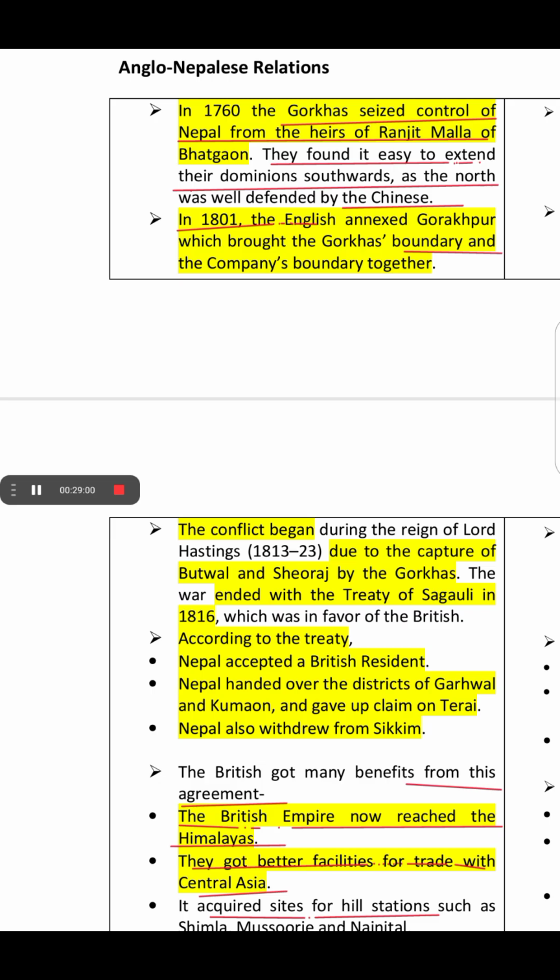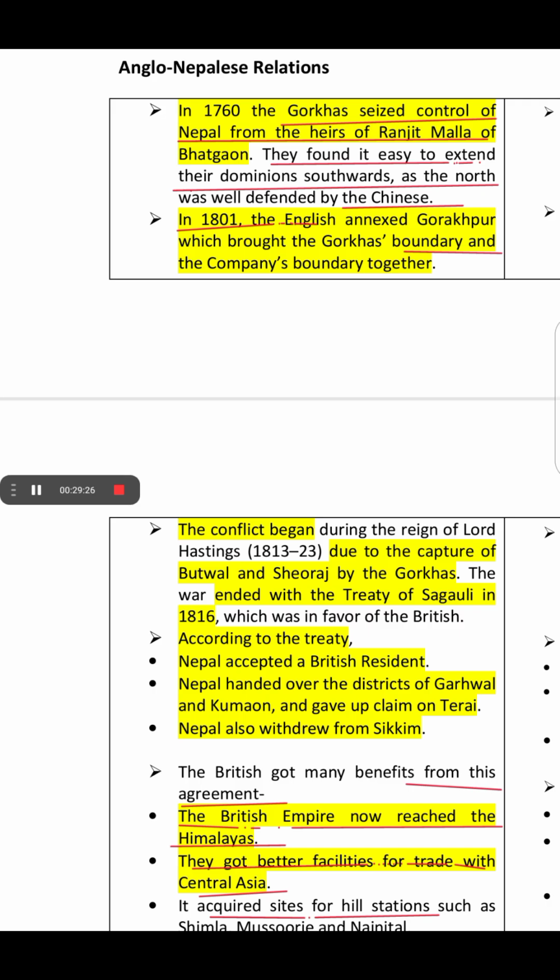The Anglo-Nepalese War took place from 1814 to 1816, and the British defeated Nepal after a tough battle. The Nepali soldiers, especially Gorkhas, fought bravely. That had impressed even the Britishers.